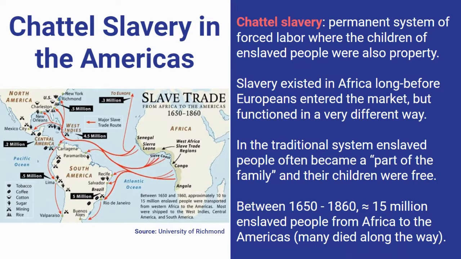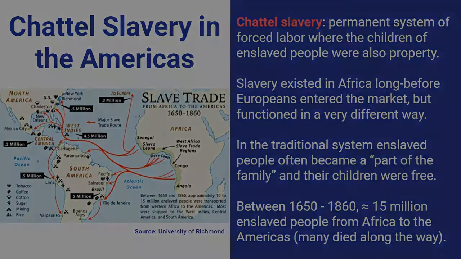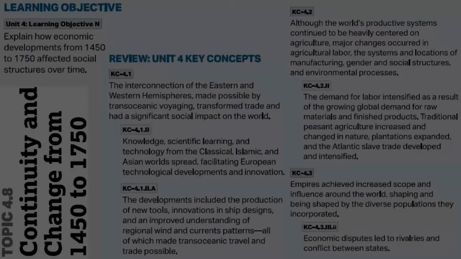All of that together has a profound social impact on the Americas and the west coast of Africa. In other words, the social order of both of these continents is completely upended and changes because of these systems of labor. And that's why they get brought up here, because they're relevant, they're important to know.